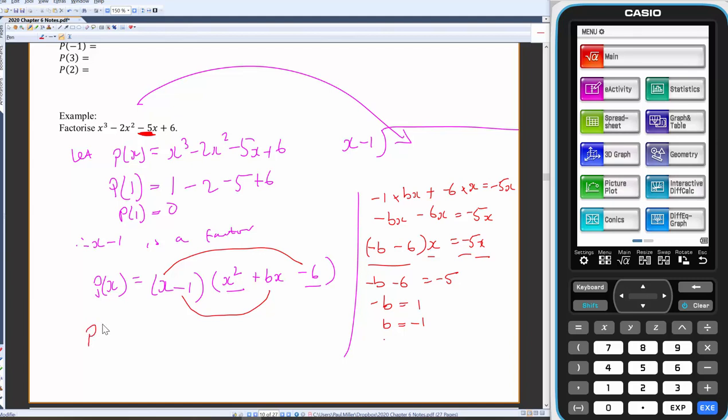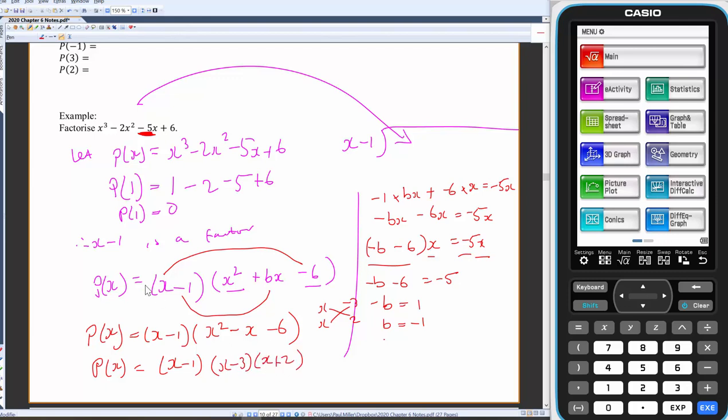Okay, so then we can rewrite p of x equals x take 1, x squared take x take 6. And then we can factorize that one as we did the other day. That's x take 1, what is it? That's going to be x take 3, x plus 2. So there's the method there.